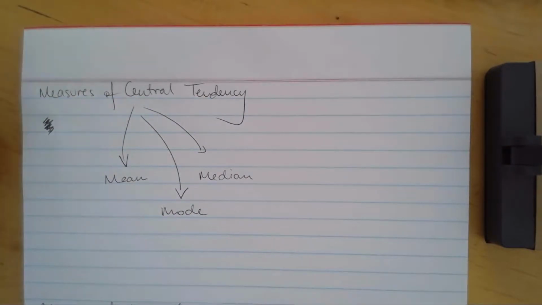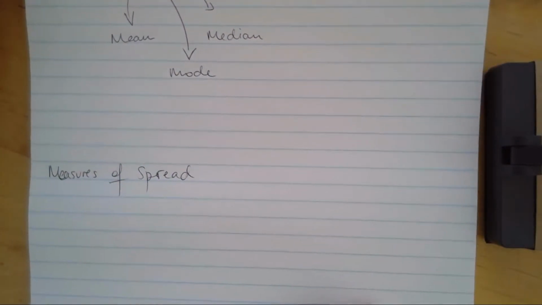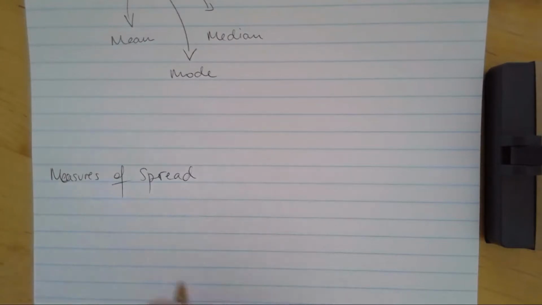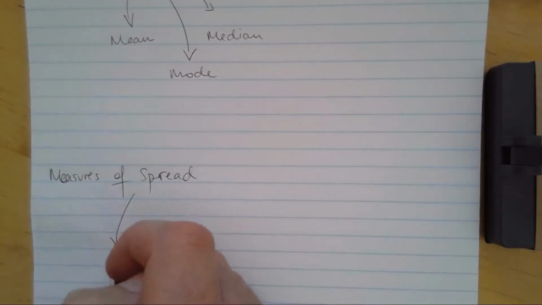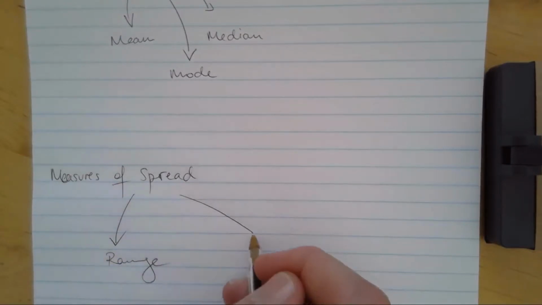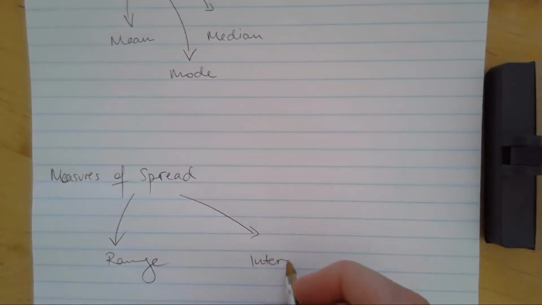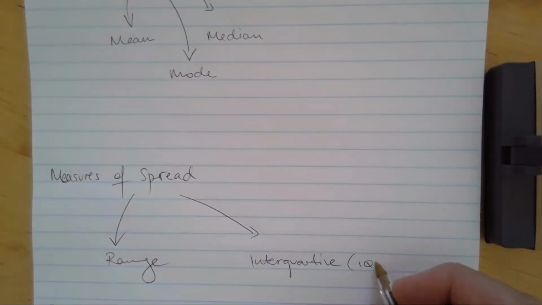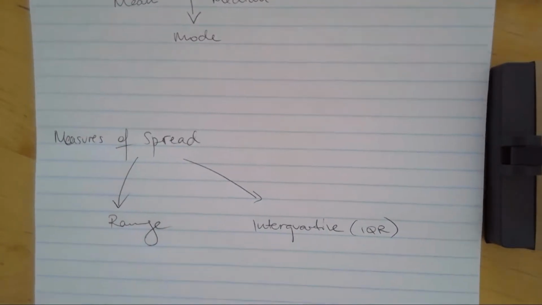The second thing that we've looked at is what we call the measures of spread, and we've got a number of those examples. We've looked at things like range, and we've looked at interquartile range, commonly known as IQR when we see it written down.